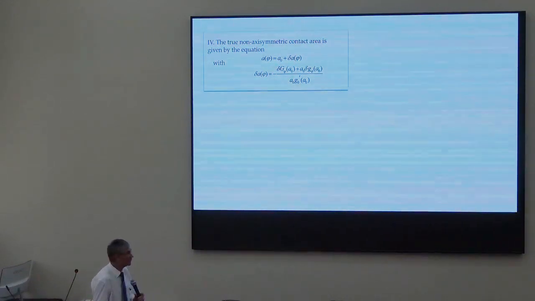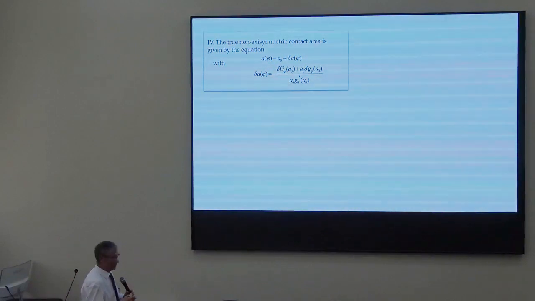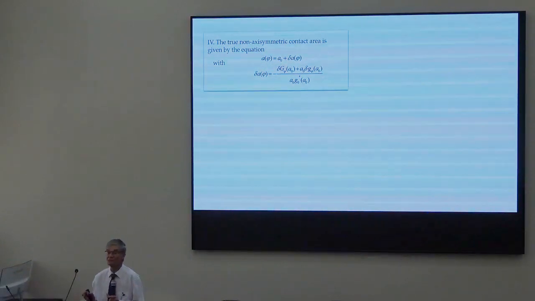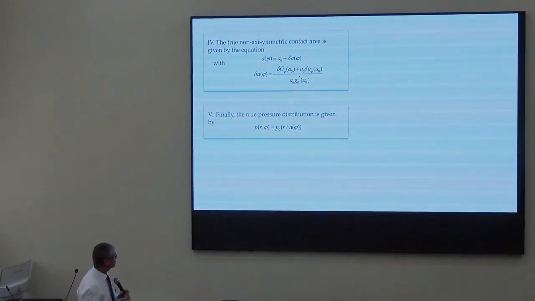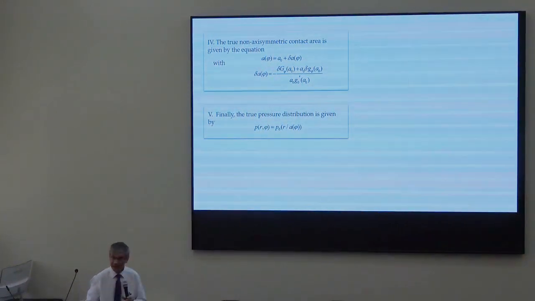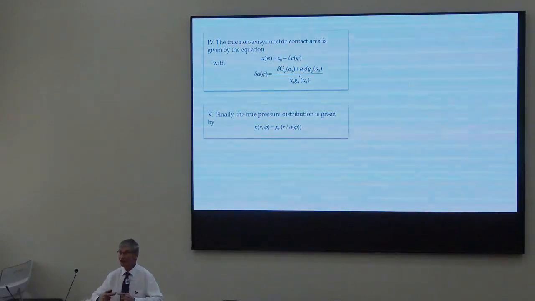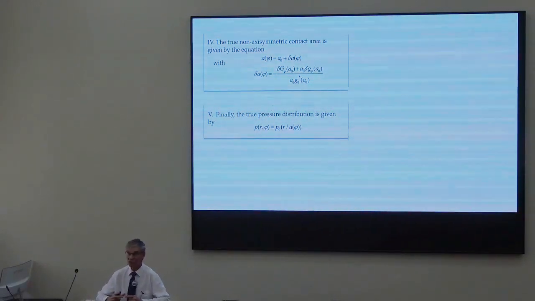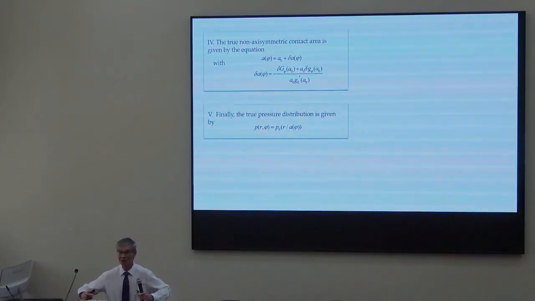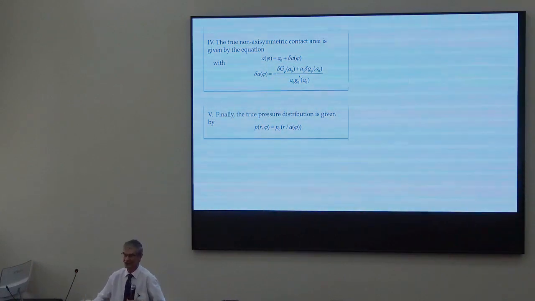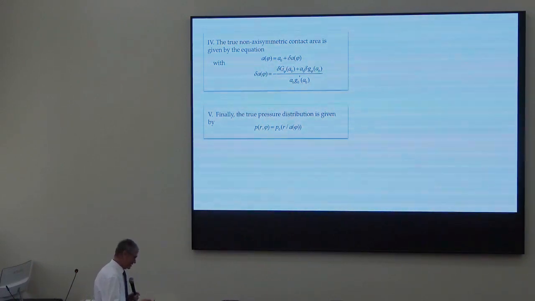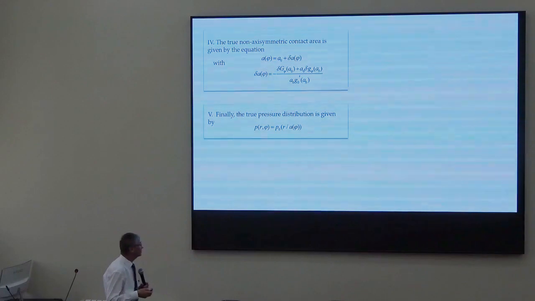And here, now the shape is not a circle, not a constant, but some deviation, delta r. This radius depends on the phi. And this deviation is given by an explicit equation shown there, derived in this paper. And finally, the pressure of the axisymmetric solution is just scaled to the correct shape of the size of the contact shape.